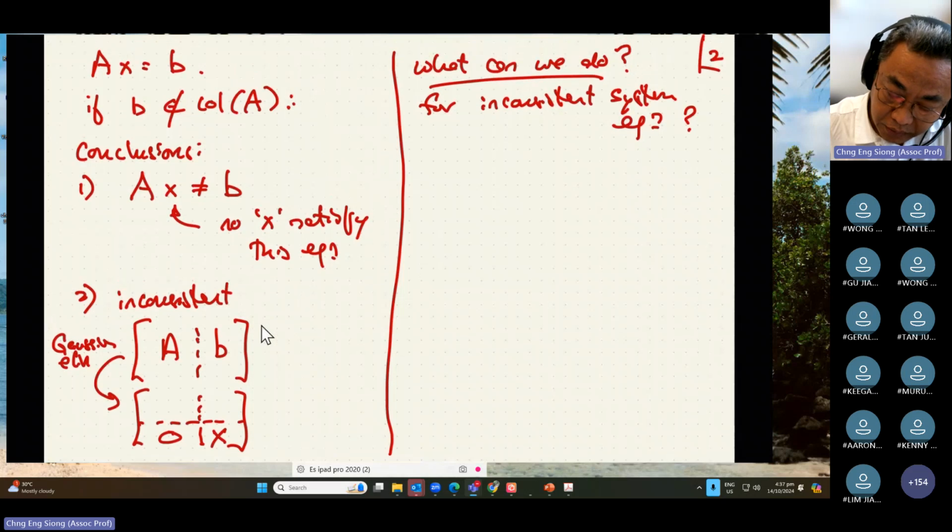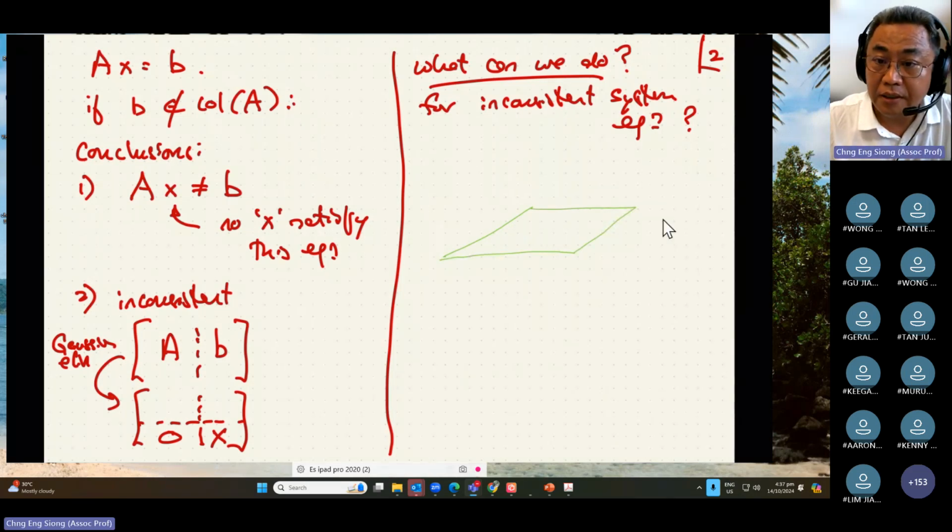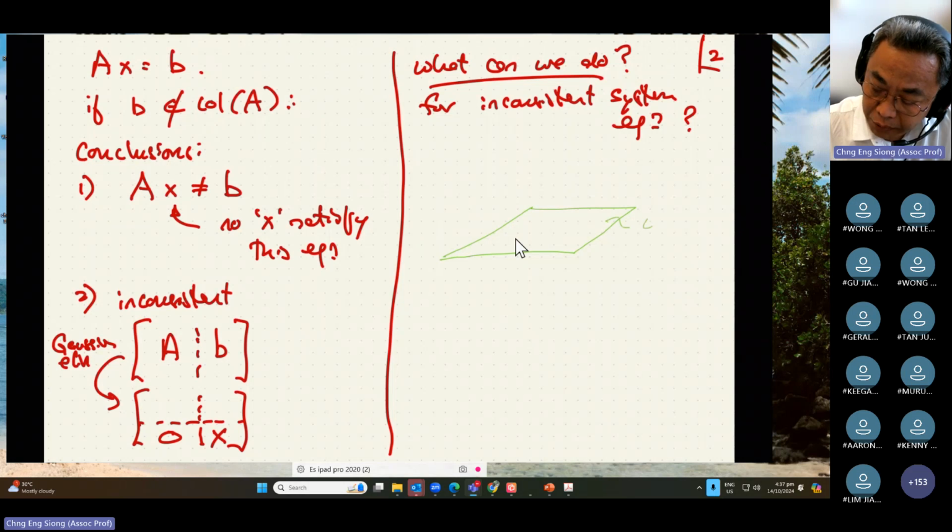I'm going to draw this plane, which is the W subspace. W is spanned by some A1, A2, for example.